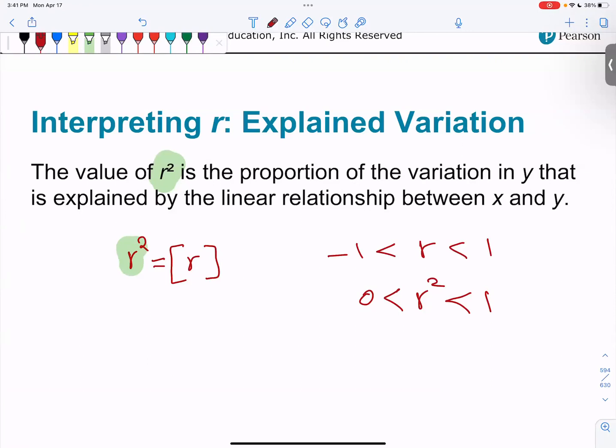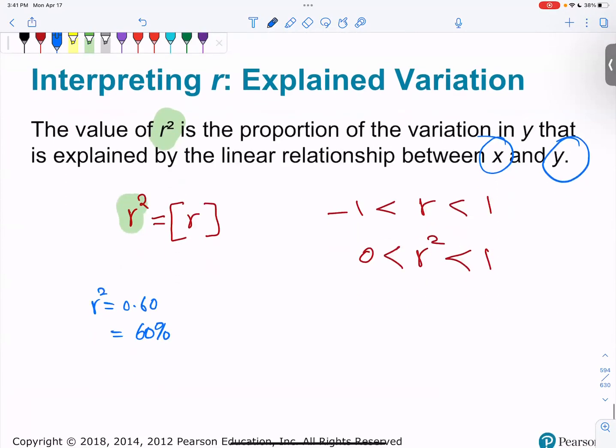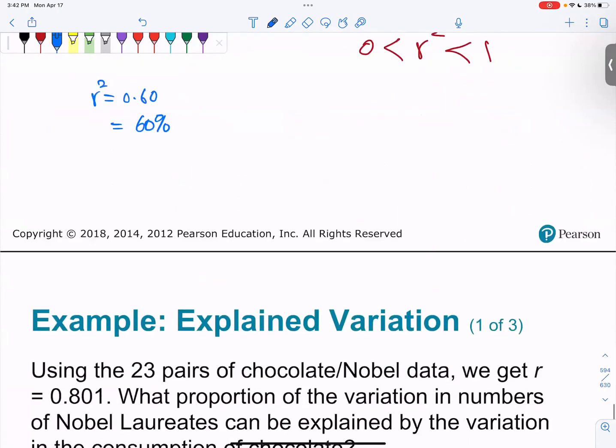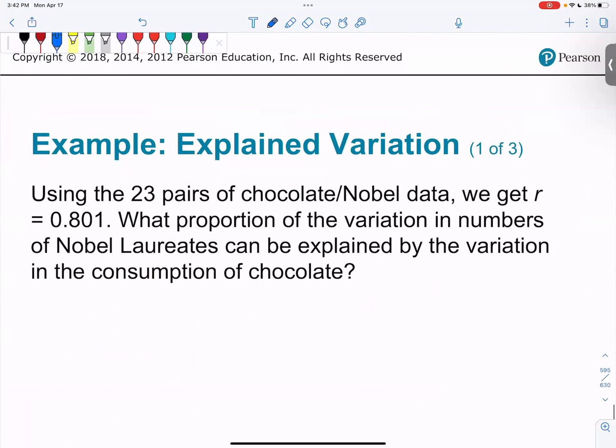So now imagine R squared equal to 0.6, or it will be 60%. We can say this is 60% of variation in Y because of X. Okay? So the variation of one of the variables will be determined by the other variable, but we should study this one after regression to know the independent variable and dependent variable.